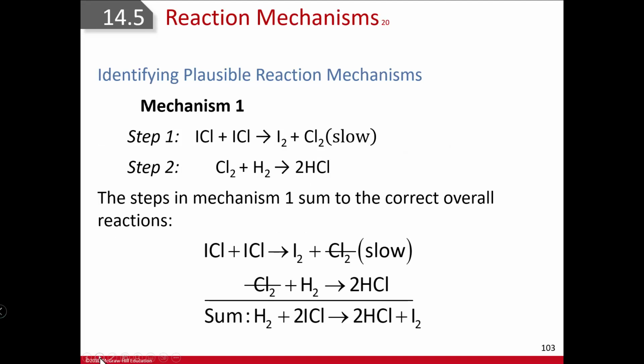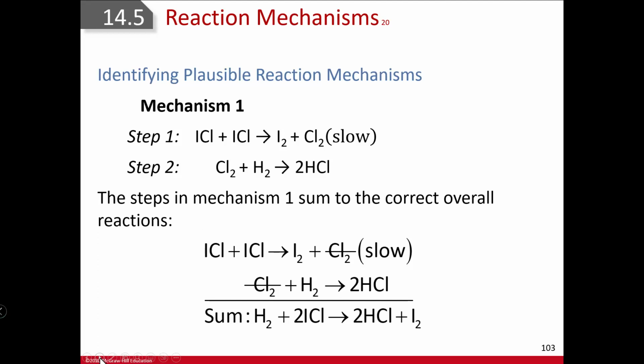So the first step says that 2 of those iodo chlorides have to slam into each other, and when they do that, they form iodine and chlorine, diatomic. It's the slow step. And then the chlorine reacts with the hydrogen to form 2 moles of hydrogen chloride.